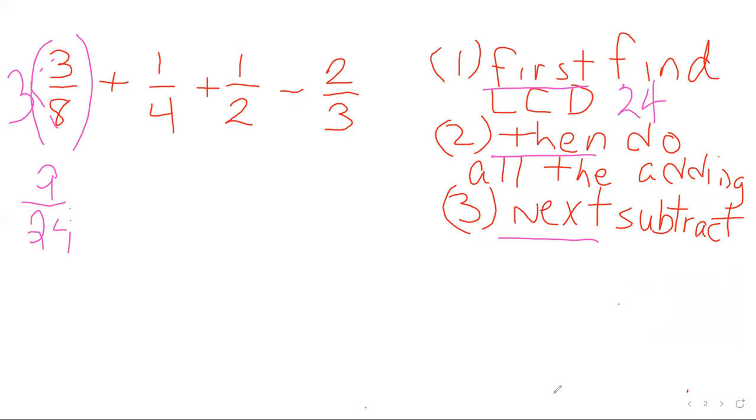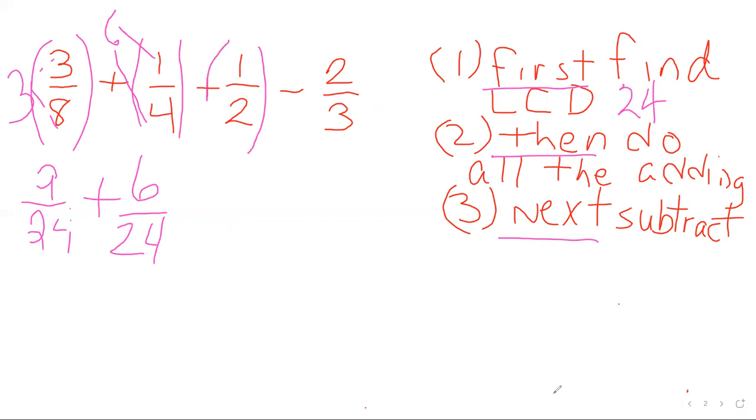1/4. I said that was like multiplying it by 6, because 6 times 4 gives me 24. But remember, what you do to one, you got to do to the other. So the numerator gets it and the denominator. Okay, the 1/2. Remember, 12 times 2 gives you 24, but you got to do the same thing with the numerator.